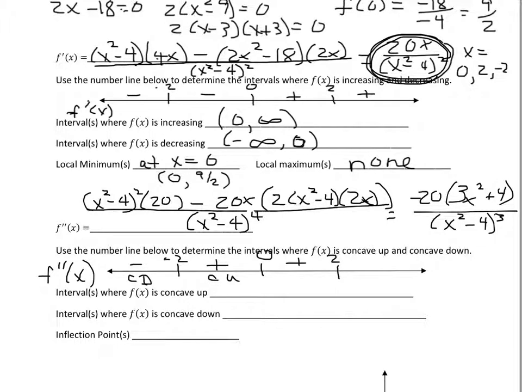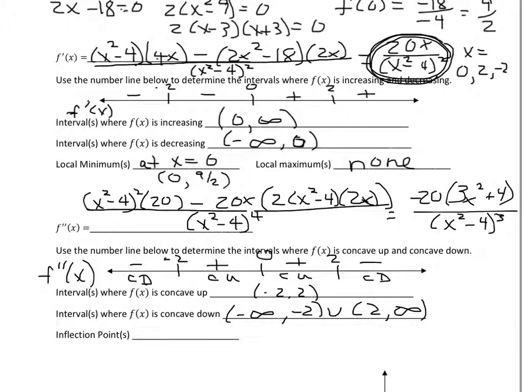It's positive on this interval, still concave up, and negative on this one for concave down, which means it's concave up from -2 to +2, concave down from -infinity to -2, and from 2 to infinity.